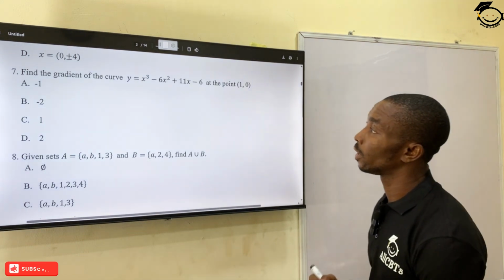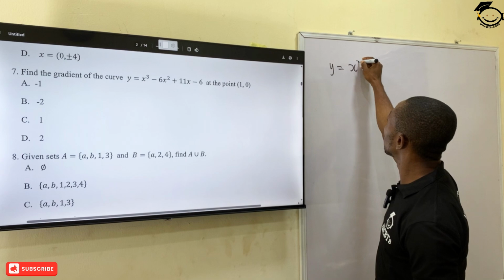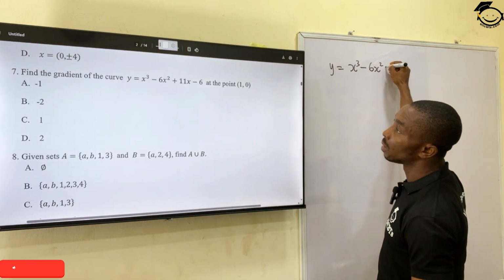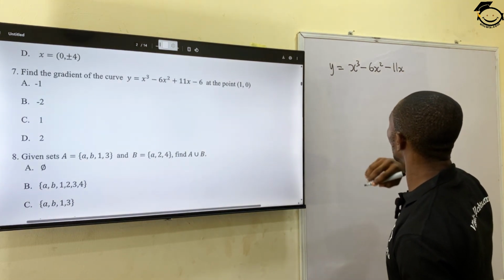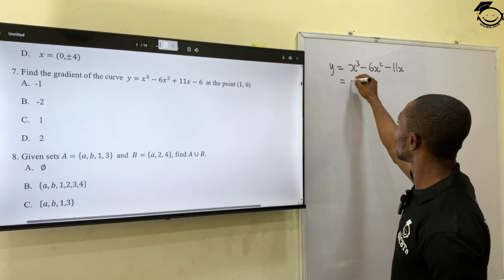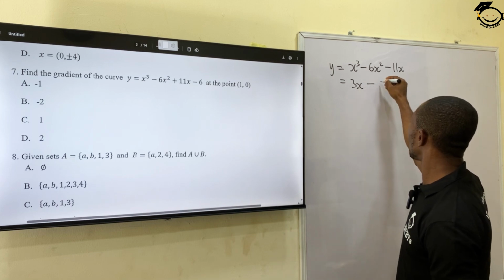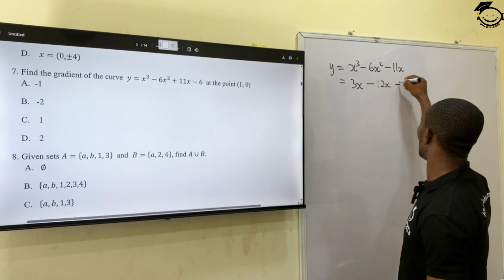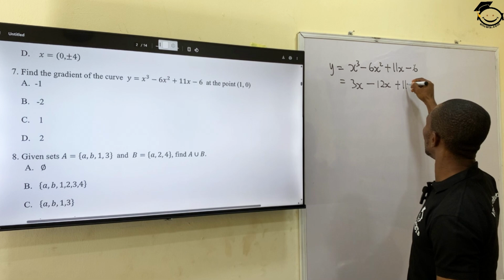Find the gradient of the curve y equals x cubed minus 6x squared plus 11x. Okay, so if we differentiate this, we have 3x squared minus 12x plus 11.